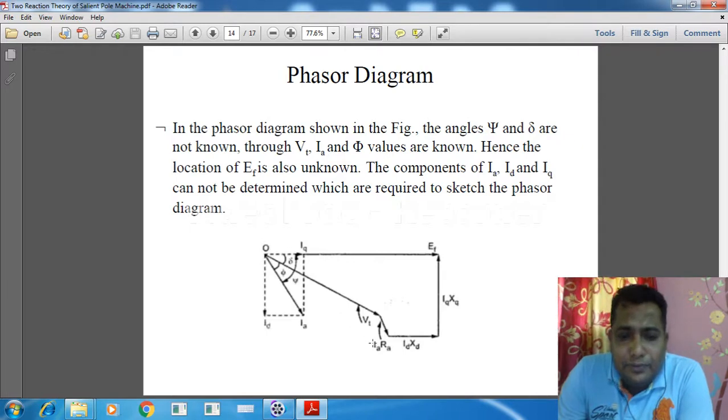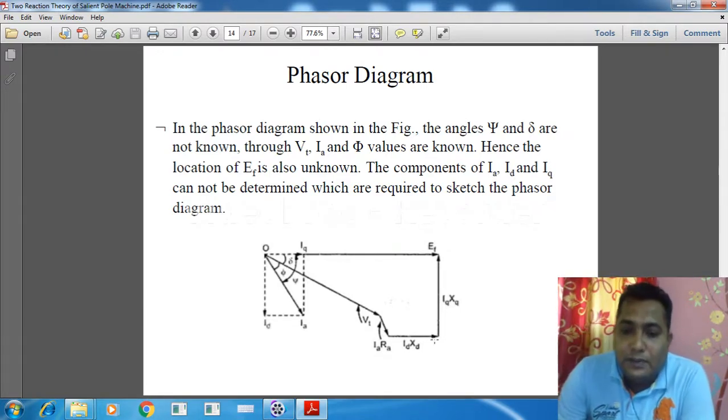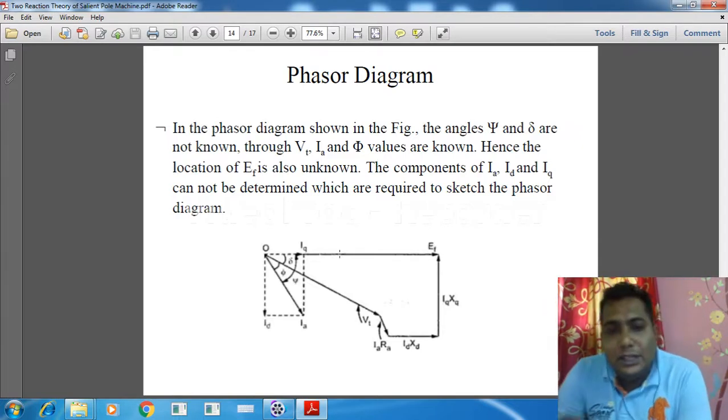Then from there, as the voltage leads the current, we have Id Xd, and from there the Iq Xq is shifted by 90 degrees. From the top of this Iq Xq we have drawn the resultant, that is Ef. So these are the phasor diagrams.